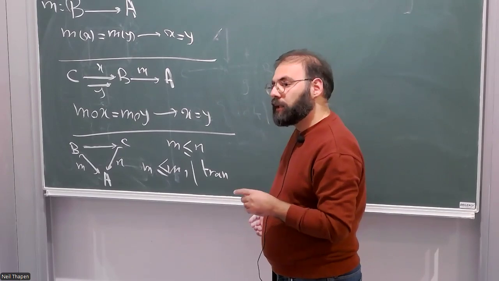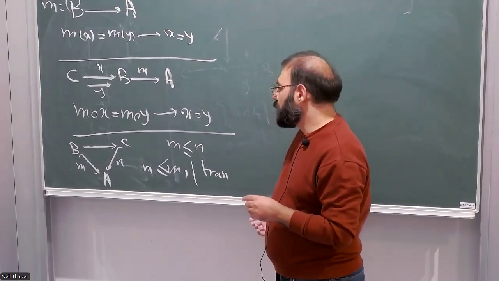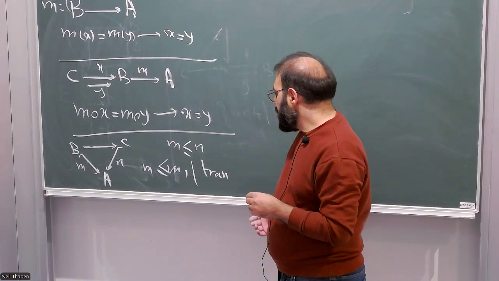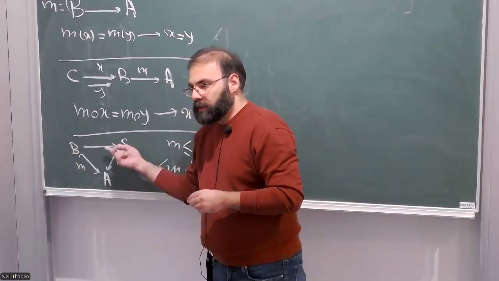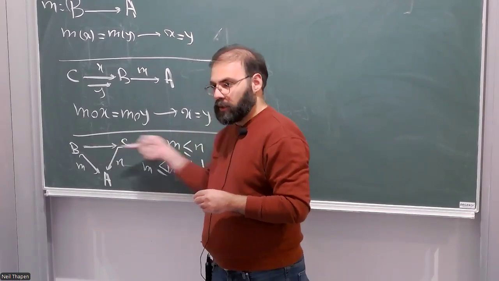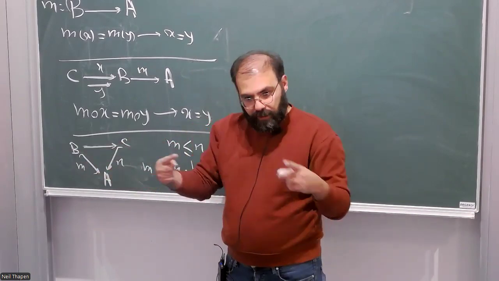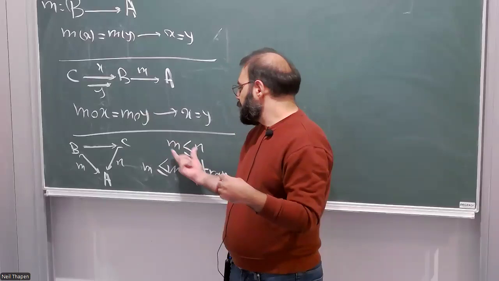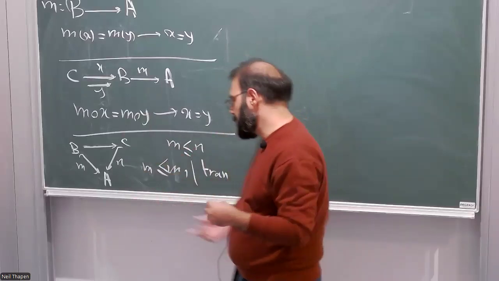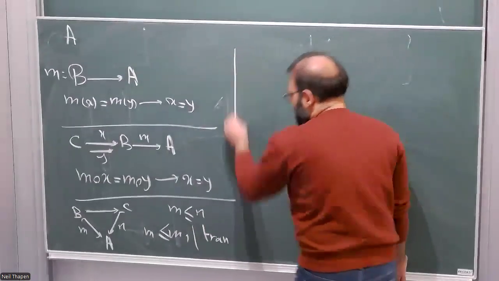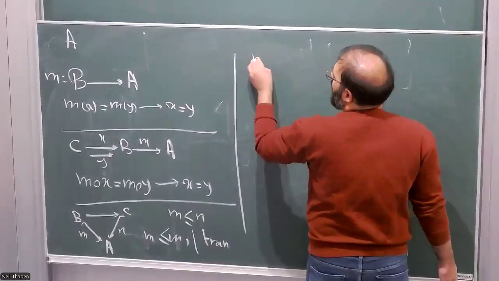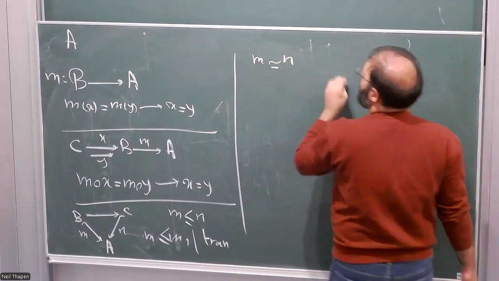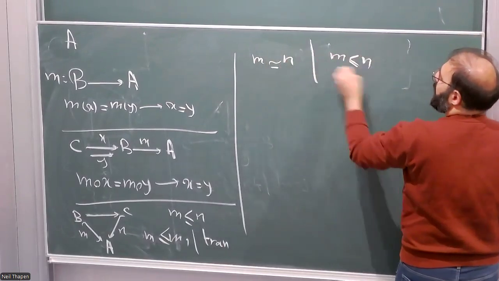A unique monic. Right. So yes, and this is transitive and reflexive simply because you have identity, and if you have this arrow and that arrow, you compose. That's easy, but it is not anti-symmetric, and therefore it's not a poset, all subobjects with this. So people sometimes make it a poset, so up to equivalence. So equivalence on M and N is simply when M is less than N and N is less than M.